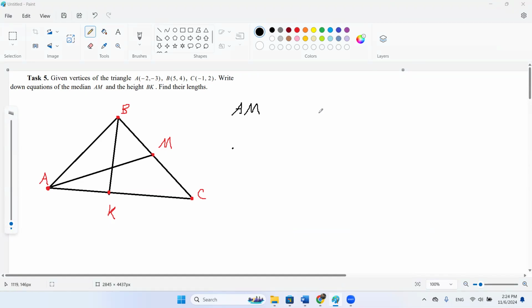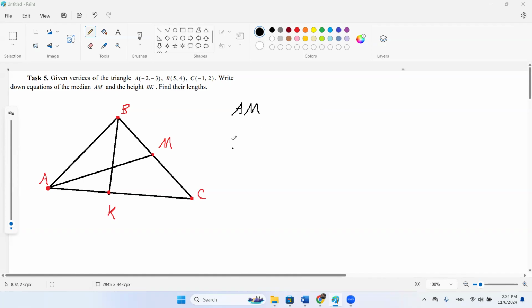Just describe the steps for now, the algorithm of solution. Sophia? Maybe first of all find the coordinates of the point M. Yes, and then? And then use the two-point form equation. Yeah, correct.